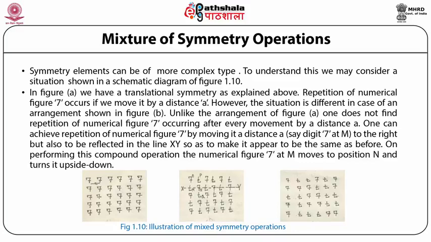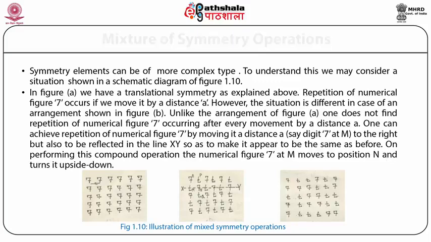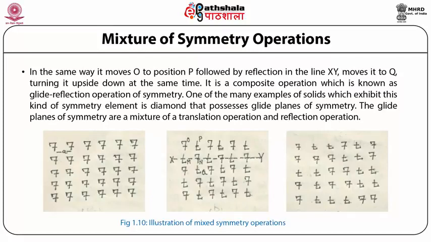On performing this compound operation, the numerical figure 7 at M moves to position N and turns upside down. In the same way, it moves O to position P, followed by reflection in the line XY, moves it to Q, turning it upside down at the same time. It is a composite operation which is known as glide reflection operation of symmetry.